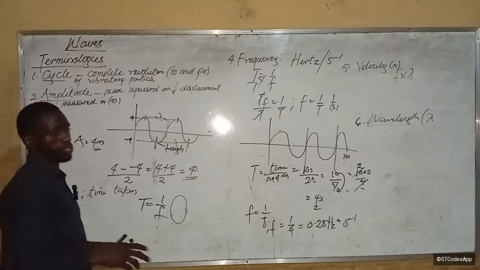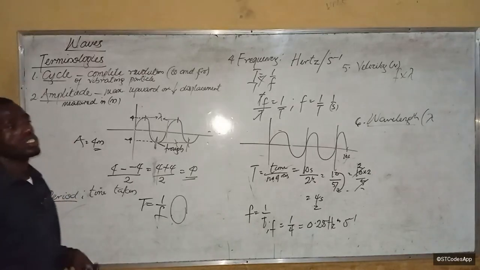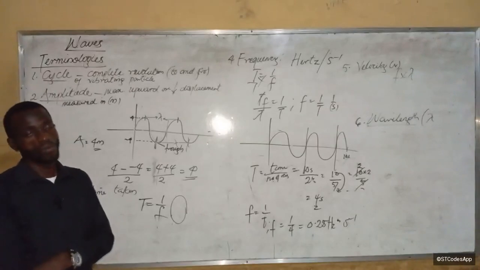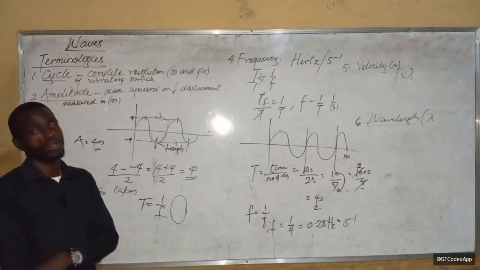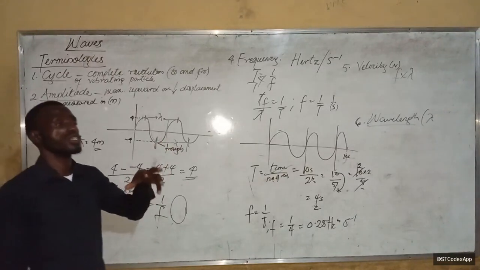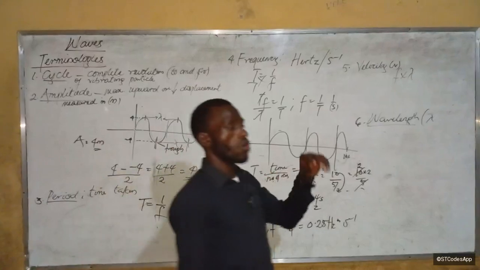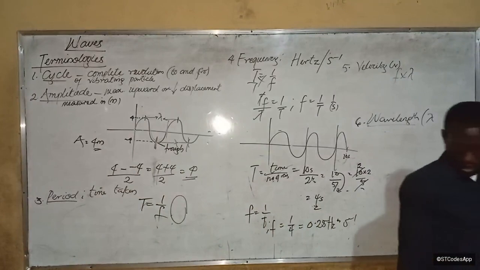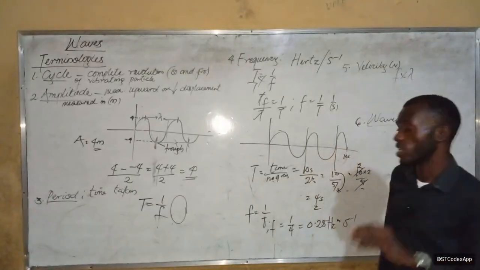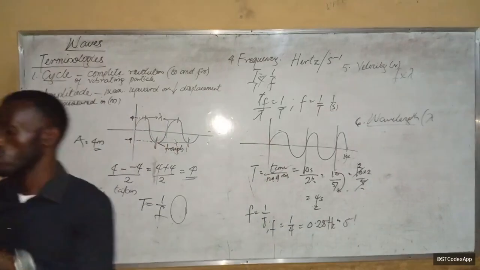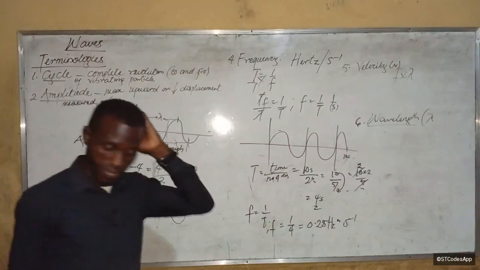It is also defined as the distance between three antinodes or three nodes in a stationary wave.